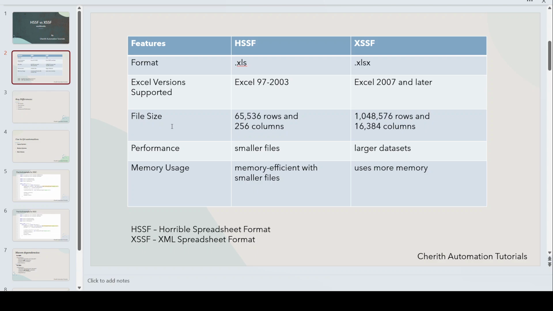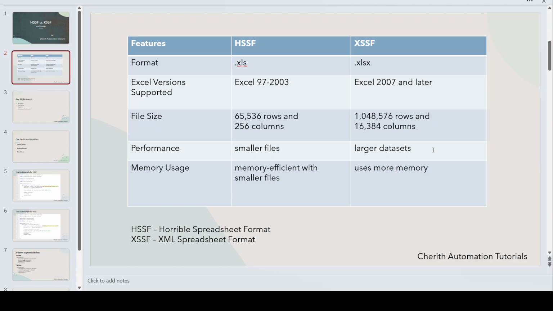And coming to the file size, using HSSF we can create up to 65,536 rows and 256 columns, whereas XSSF format supports around 10 lakh rows and 16,384 columns. And coming to the performance, HSSF format supports smaller files and XSSF format supports larger data sets.